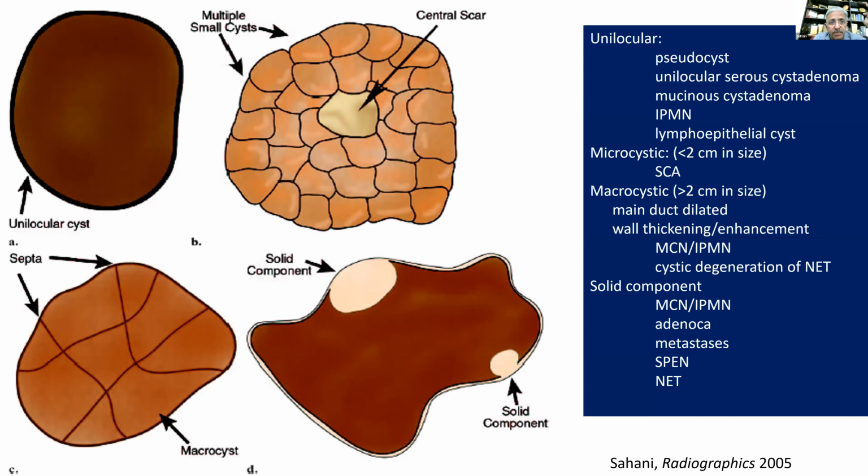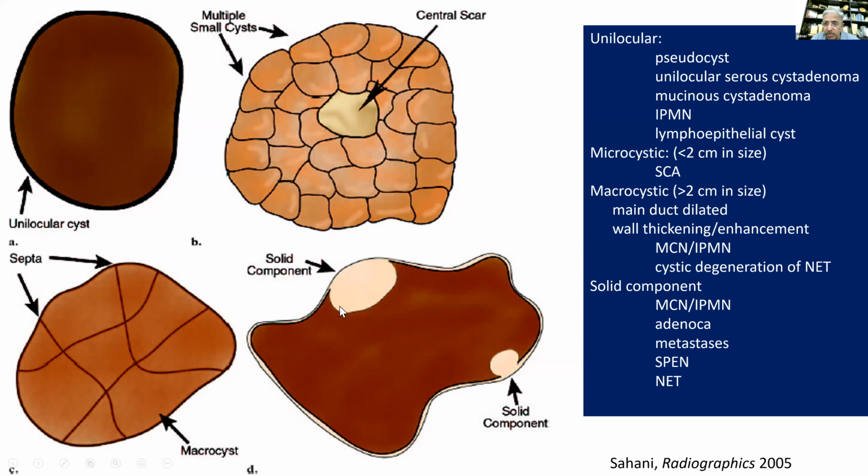You have these four. This is a very classic picture which has been around for the last 20 years. If you have a unilocular cyst, you could have a pseudocyst, a unilocular serous cystadenoma, a mucinous cystadenoma, even an IPMN or a lymph node. If you have this with the central scar, you're dealing with a serous cystadenoma, and a mucinous cystadenoma, which is a macrocyst.